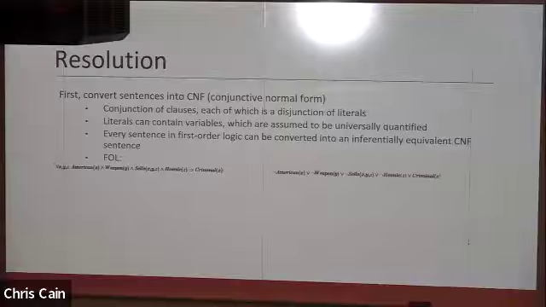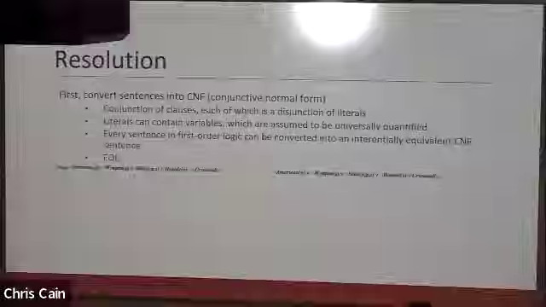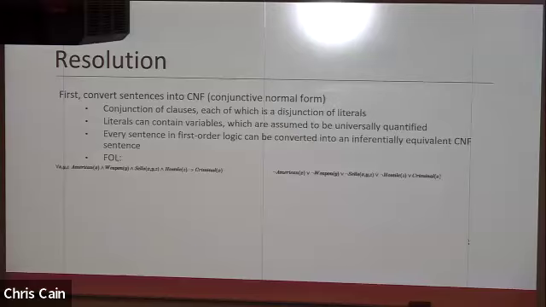So we convert into either x is not an American, or y is not a weapon, or x didn't sell y to z, or z is not hostile, or x is a criminal. Do we see how, as a single statement, that says the same thing? Take a second look at that and convince yourself that this is stating logically the same thing.